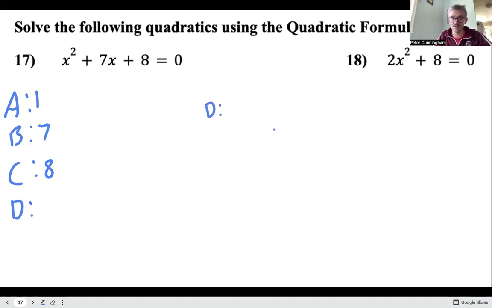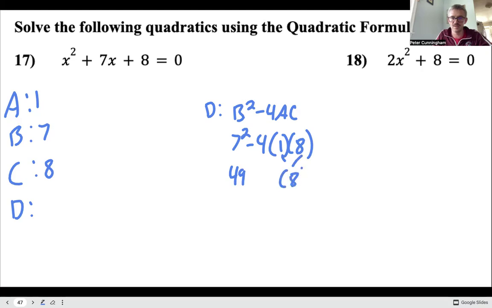Look at that part of your formula sheet where it says B squared minus 4AC. Okay, so B squared, that would be 7 squared minus 4. A is 1, C is 8. 7 squared is 49. 8 times 1 is 8.